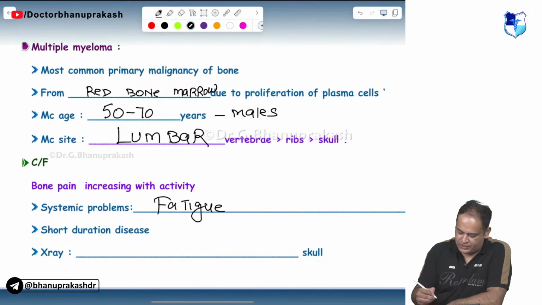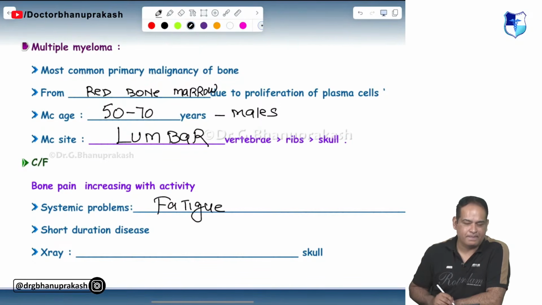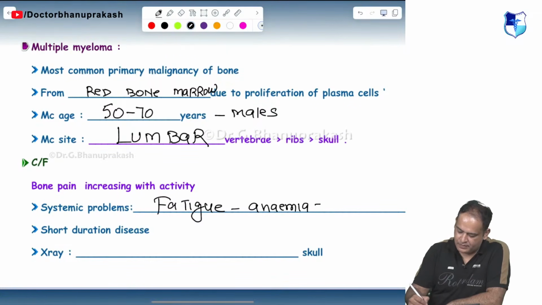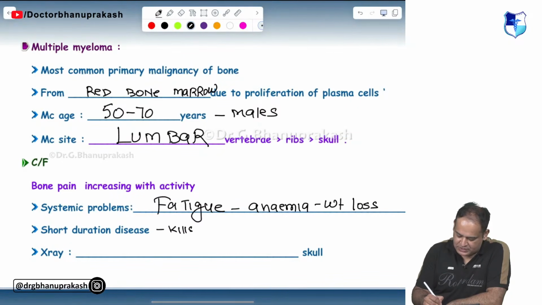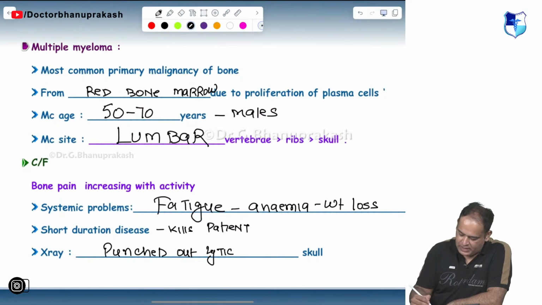Systemic clinical features: fatigue, anemia, weight loss. Short duration disease because it kills your patient. X-rays will show punched out lytic lesions, which is called raindrop skull.